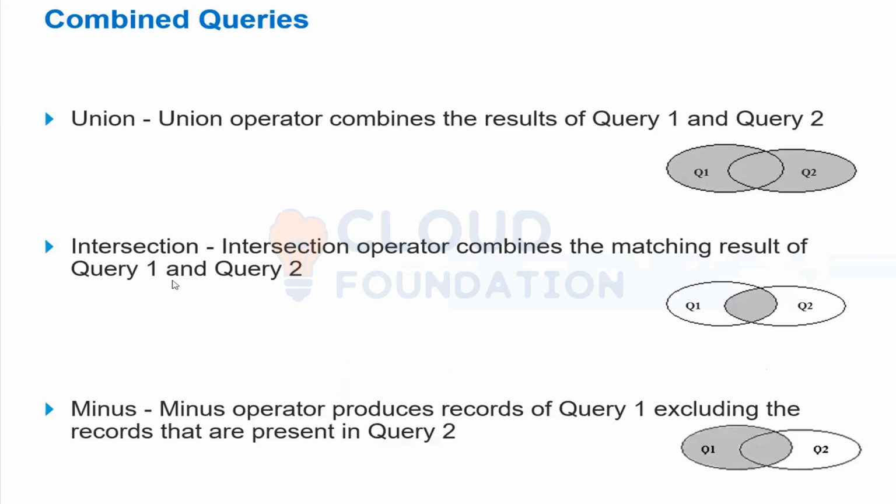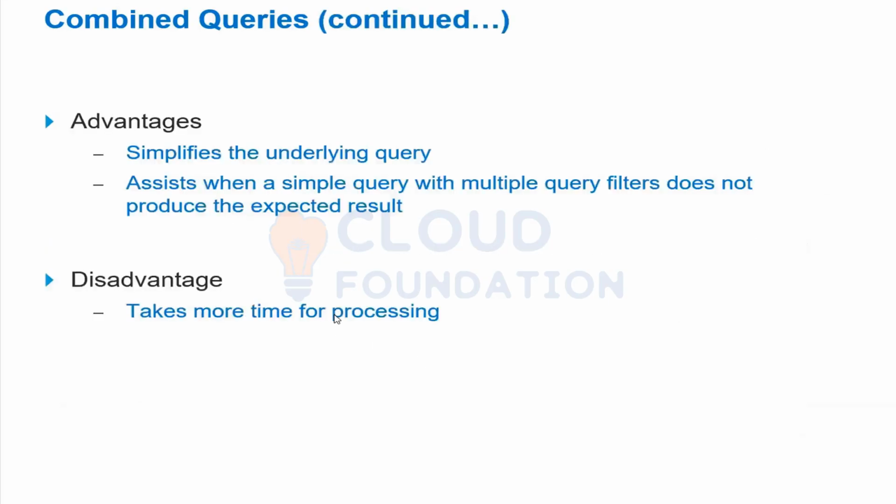The intersection operator combines the matching results of query 1 and query 2; whatever is matching between both will only come. The minus operator produces records of query 1, excluding the records that are present in query 2. From total Q1, it will exclude the part which is matching with Q2, and we will only get the remaining part. That is called a minus operator.